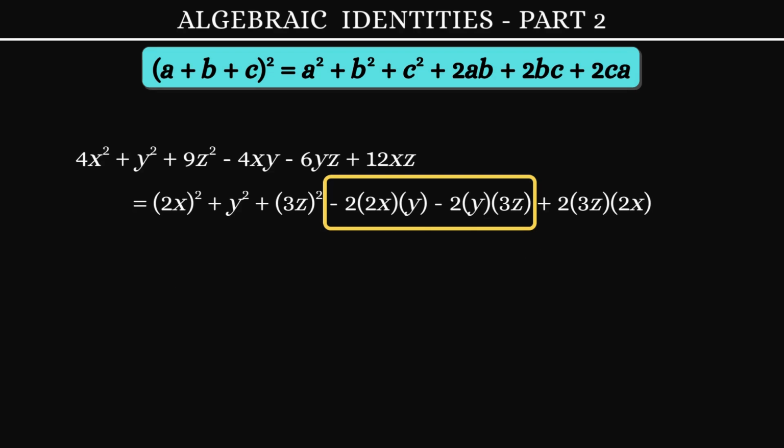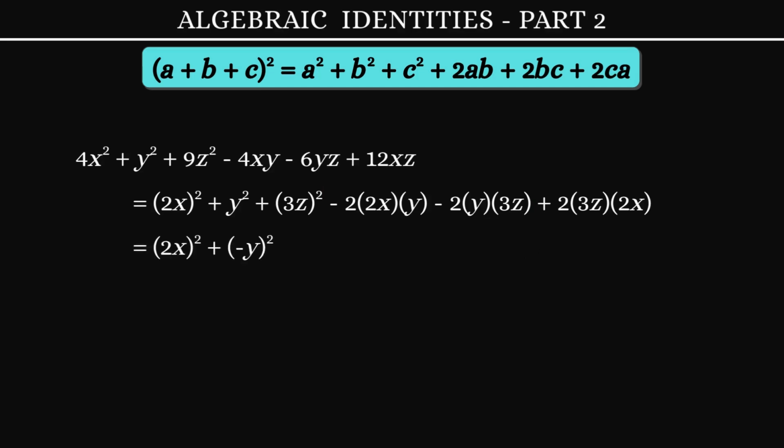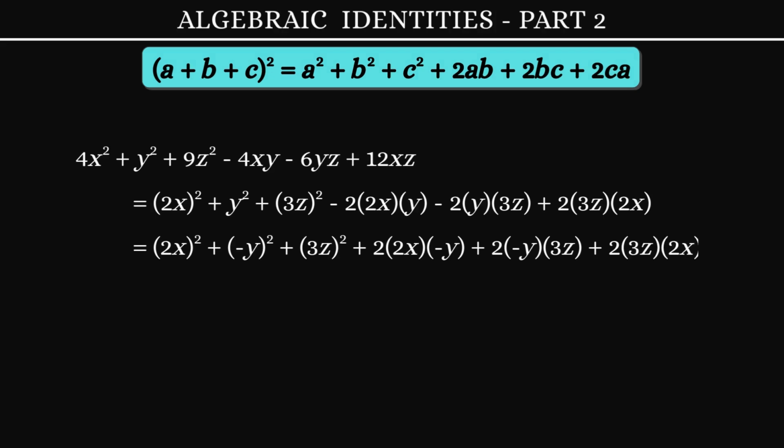So, our expression now becomes 2x the whole squared plus minus y the whole squared plus 3z the whole squared plus 2 into 2x into minus y plus 2 into minus y into 3z plus 2 into 3z into 2x. Now we can use our identity and this expression will become 2x minus y plus 3z the whole squared.